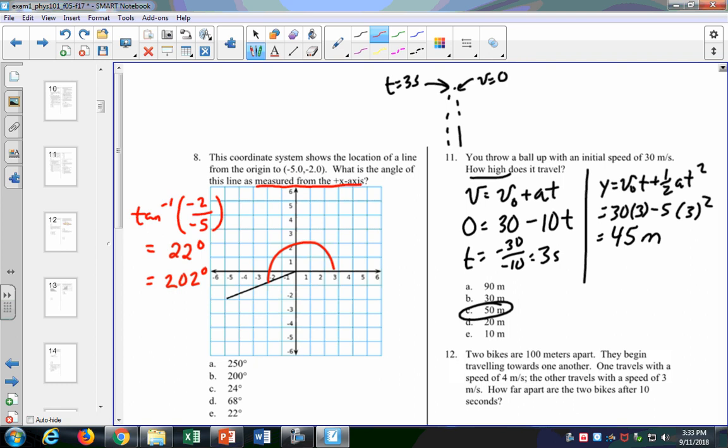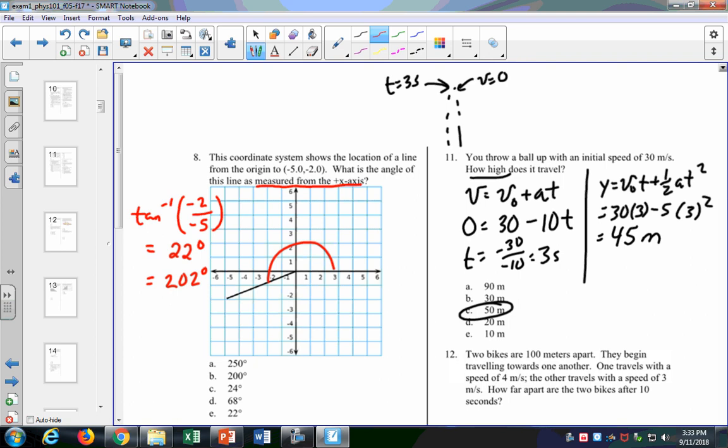You see the difference? And some of your calculators will read this and say, what's the inverse tan of positive 0.4? And some will say, what's the inverse tan of the negative y component over the negative x component? Most of your TIs will just spit out 22. What did yours spit out?